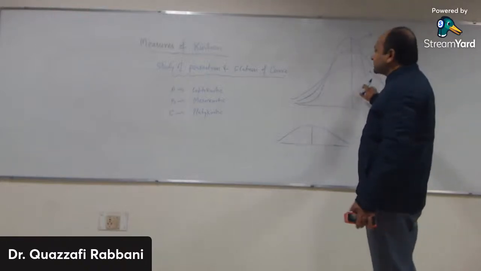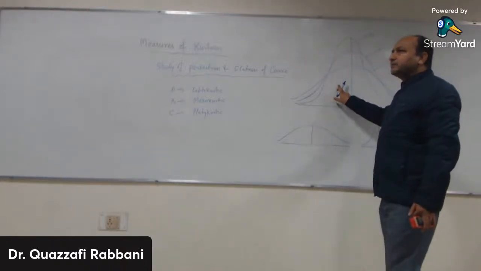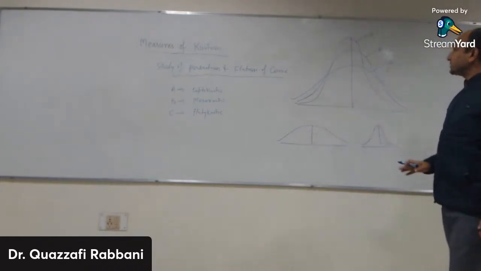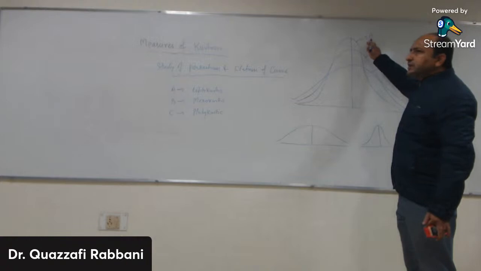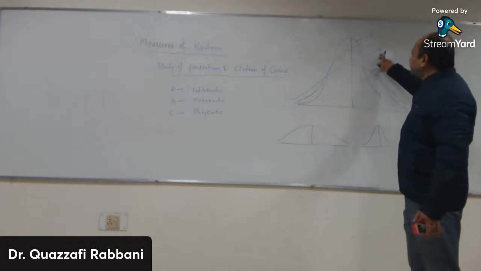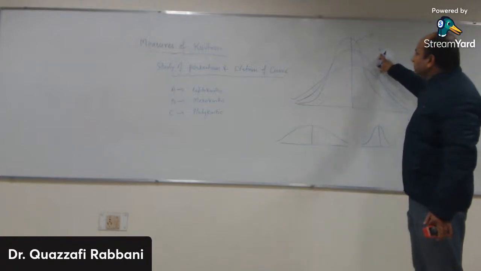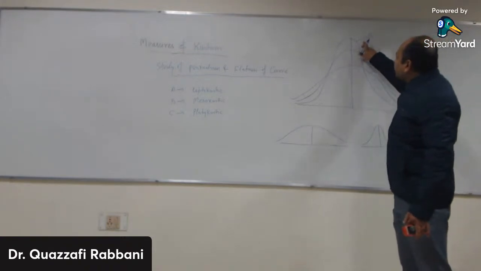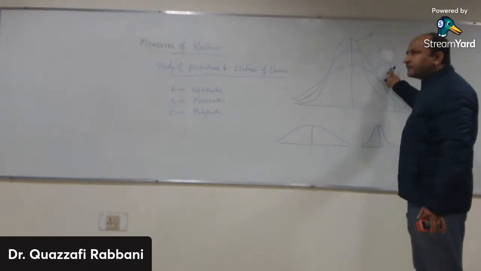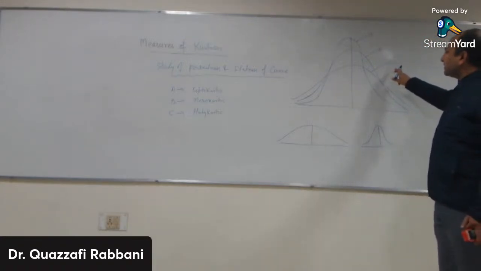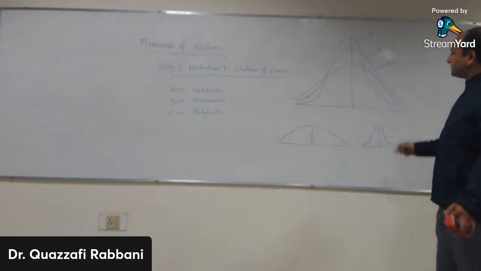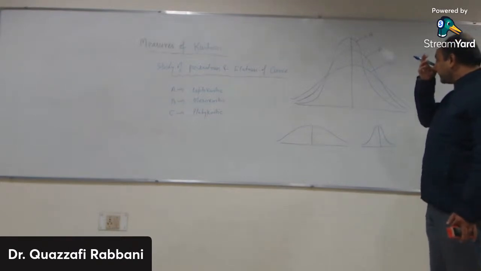All three types of curves have the same mean but different standard deviation. In A, the standard deviation is minimum. In curve B, the standard deviation is greater than A, and in curve C, the standard deviation is highest.